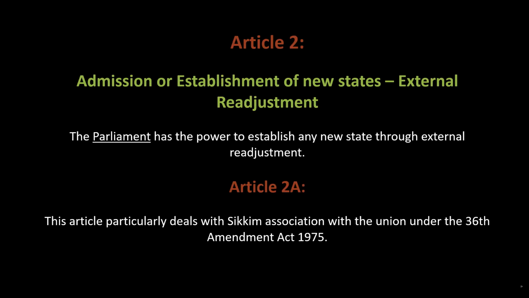Article 2. Admission or establishment of new states, external readjustment. The Parliament has the power to establish any new state through external readjustment. Article 2A. This article particularly deals with Sikkim association with the Union under the 36th Amendment Act 1975.